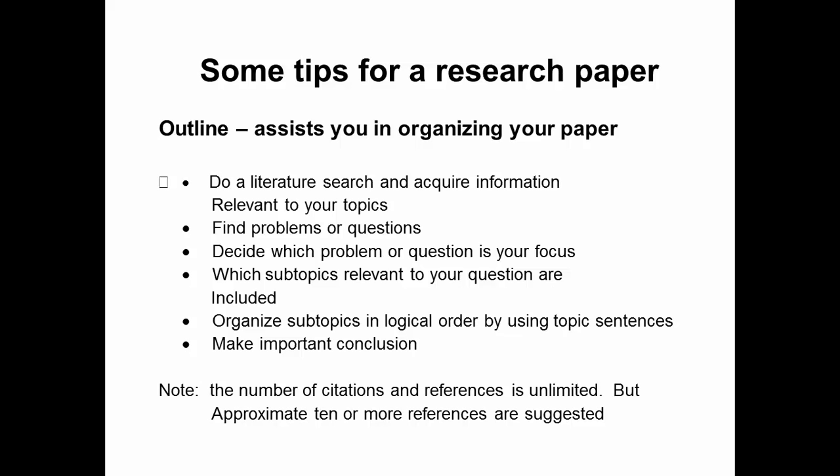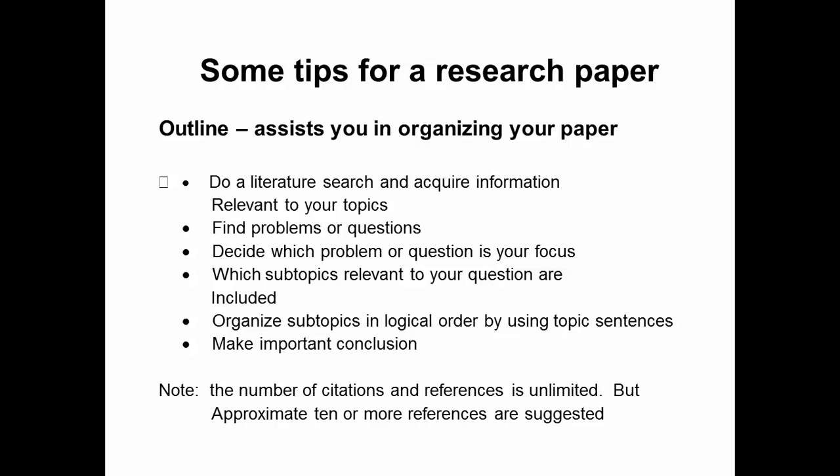First of all, do the literature search, right, to get the information. Morgan told us the three main databases that you can use, like PubMed, Google Scholar, and MainCat Discovery. So you can use these three major search engines to find the information that you need, and read.